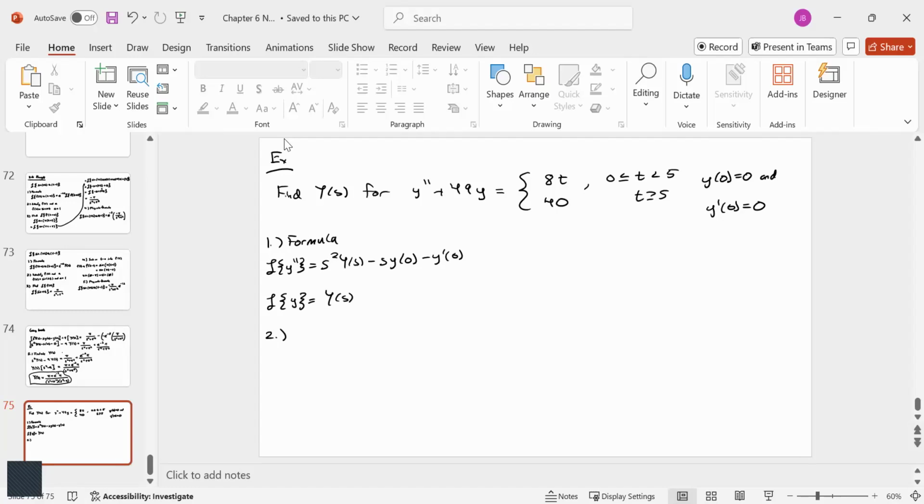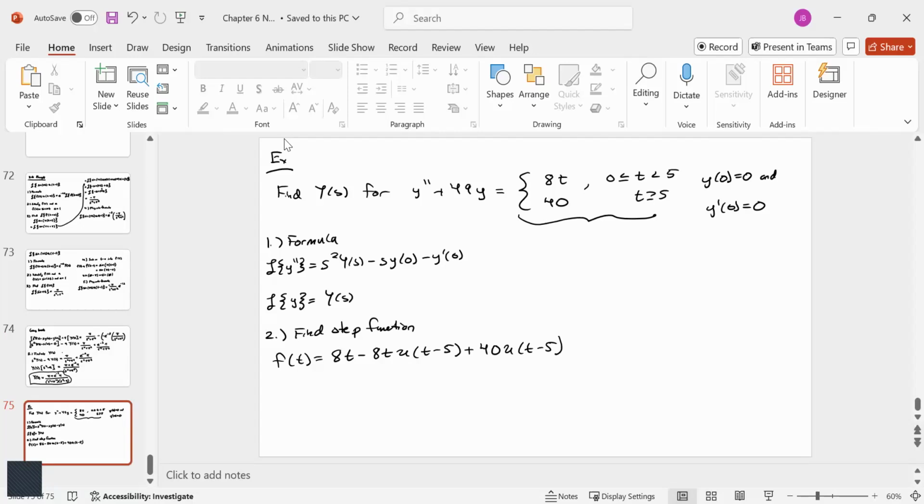And then step 2 is we're going to find the step function. So f of t right here is going to be equal to the first function, minus the first function times its step function at the first number we hit, which would be 5, plus the next number, which would be 40 times the step function at 5.